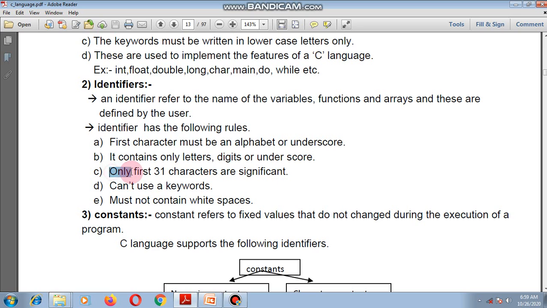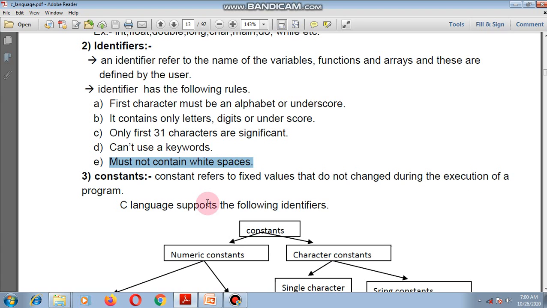Third, only the first 31 characters are significant, meaning identified. We cannot use keywords as an identifier, and an identifier should not contain blank spaces, that is white spaces, between the names.